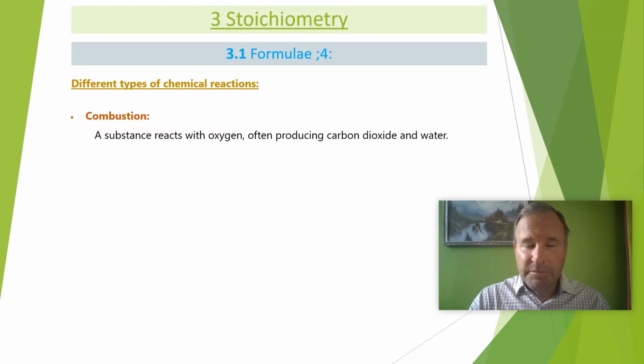Here's another reaction you'll come across, a typical one that happens every day, the combustion reaction. It's a reaction where a reactant reacts with oxygen, usually producing carbon dioxide and water.